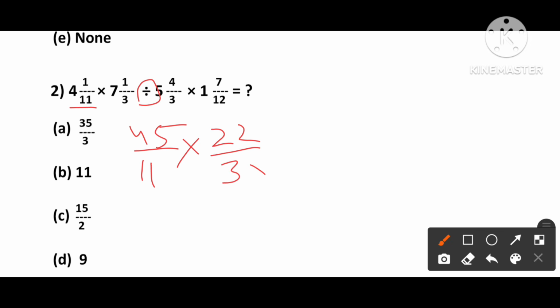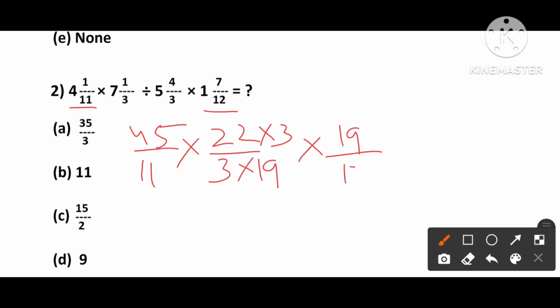Okay, division means we start with 3 here in the denominator. 5 3 times 15 plus 4 19 divided by 3 means 3 goes on the numerator into 12 1 times will be 12 plus 7 19 divided by 12.